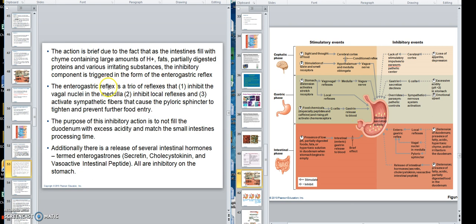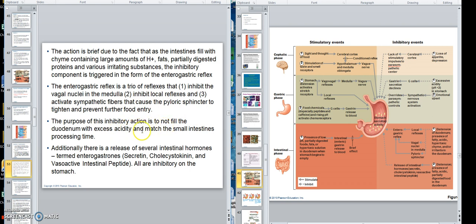The enterogastric reflex is a trio of reflexes that inhibit the vagal nuclei up here, inhibit local reflexes in the stomach, and activate the sympathetic fibers that cause the pyloric sphincter to tighten down. So, in other words, it's mainly inhibitory. When chyme gets in here, it feeds back to try to slow things down. Inhibit the vagal nuclei, so the vagus cuts off. Inhibit local activity in the neurons there, and the pyloric sphincter.